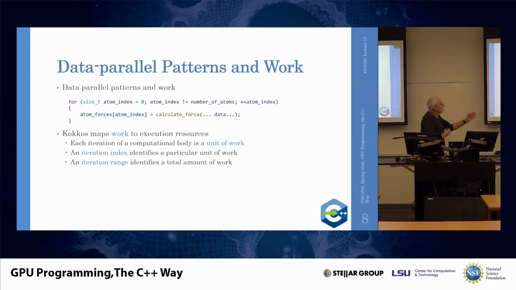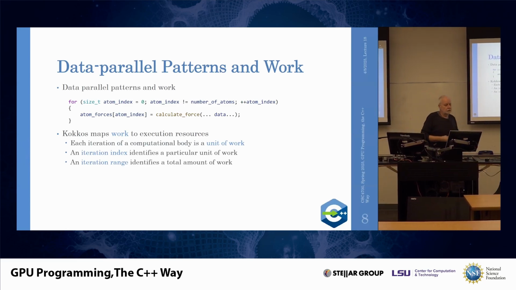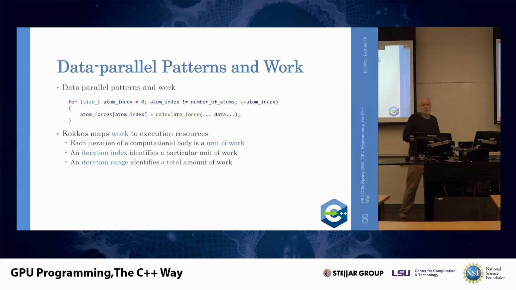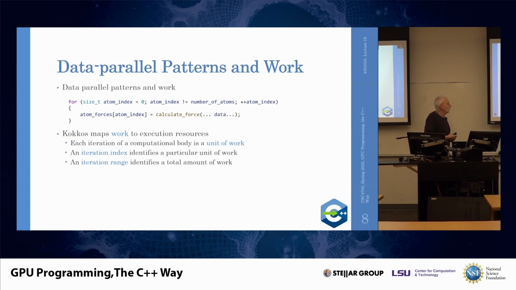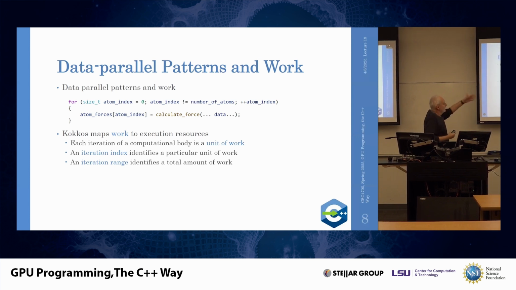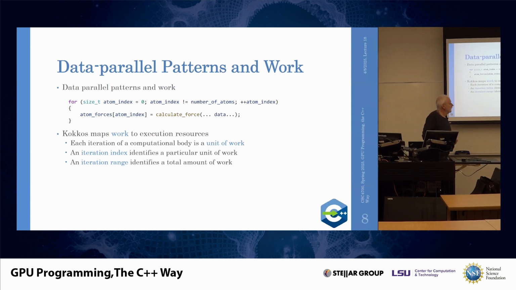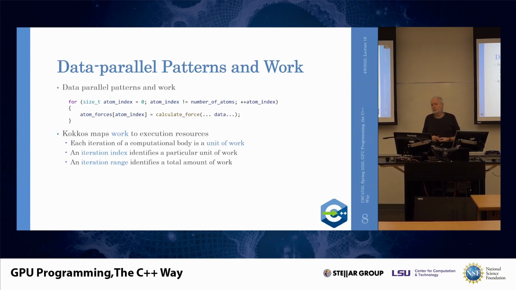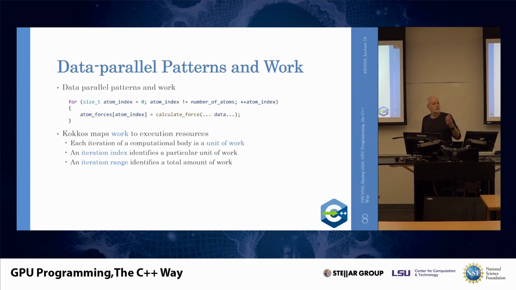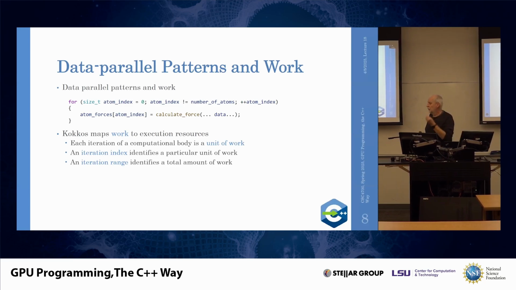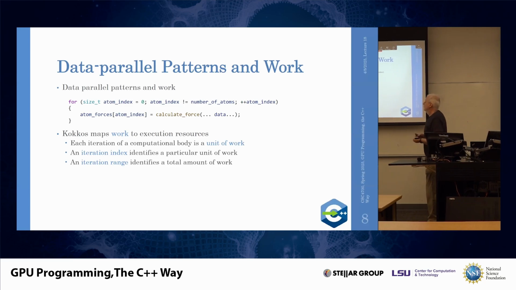So Kokkos maps all of that to execution resources, where execution resource is really just the hardware that is performing the operations. You can think of it that each of the iterations is an independent unit of work, and they call it computational body. It's that kernel you want to run for each element in your algorithm.